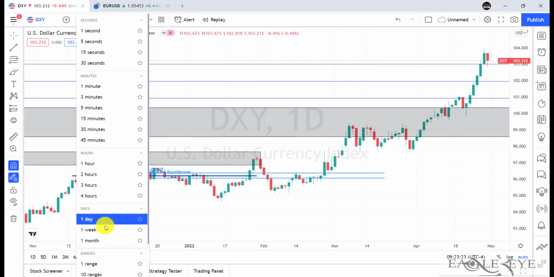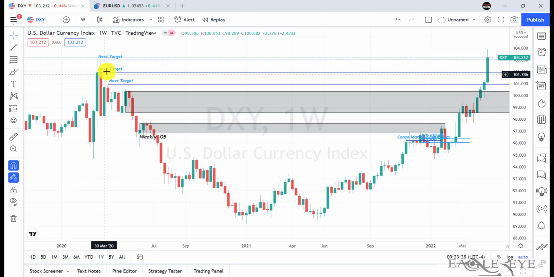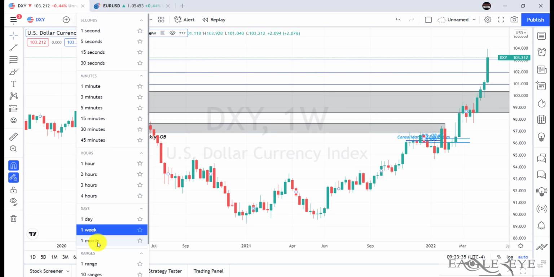Let's head straight into the weekly. Those are the targets I was looking out for, which I marked already. Now let's look at the monthly.